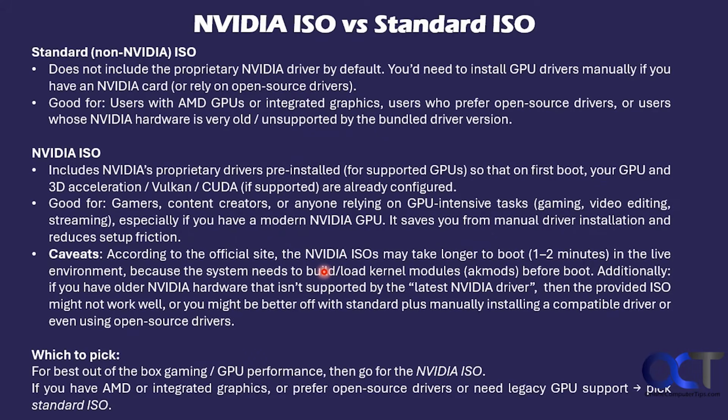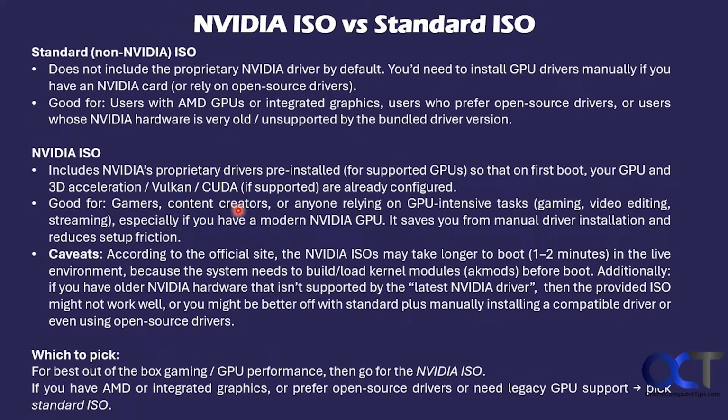All right, so now we're going to talk about the difference between the NVIDIA ISO and the standard ISO. The non-NVIDIA ISO does not include the proprietary NVIDIA drivers by default, and you'll need to install them manually. This is good for users with AMD GPUs or integrated graphics. And then we have the NVIDIA ISO files, which include NVIDIA's proprietary drivers pre-installed.